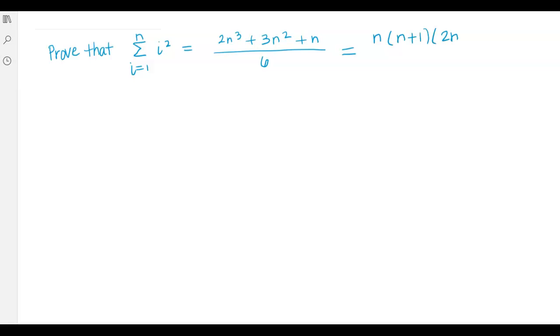I'll write it over here. I want to look at this by induction, so I'll start by considering the base case, which is when n is equal to 1.